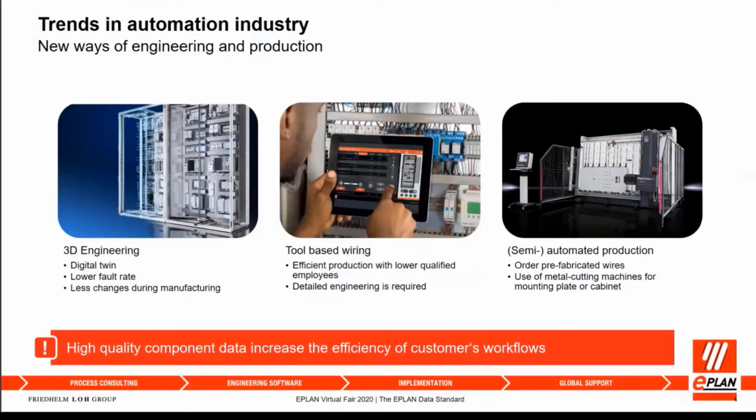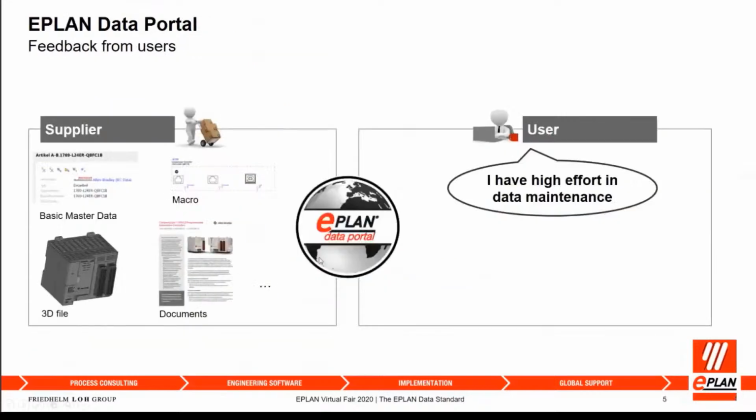And so that's the feedback from the users, that they like the EPLAN data portal. As Josephine has shown, we have a lot of users in the data portal, and the number is constantly growing. But still, the users say that they have a high effort in data maintenance, because they download the parts from the data portal, but then they adapt the data according to their needs in order to set up automated and highly sophisticated processes based on the data.